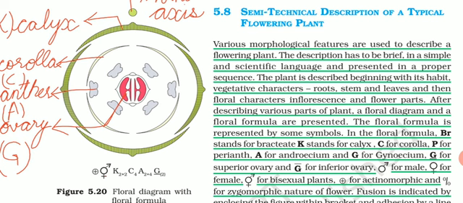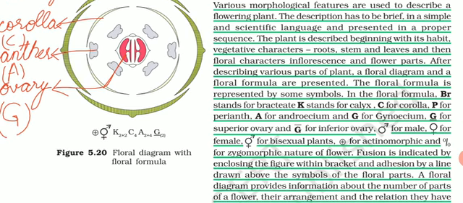Capital K stands for calyx, capital C stands for corolla. But like in water lily, if the calyx and corolla are difficult to distinguish, then we call them perianth. So it is represented as capital P, androecium with capital A, gynoecium with capital G.